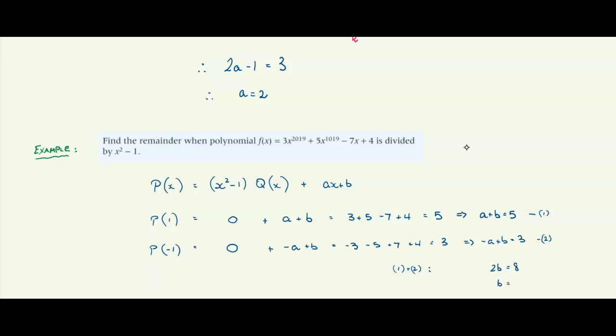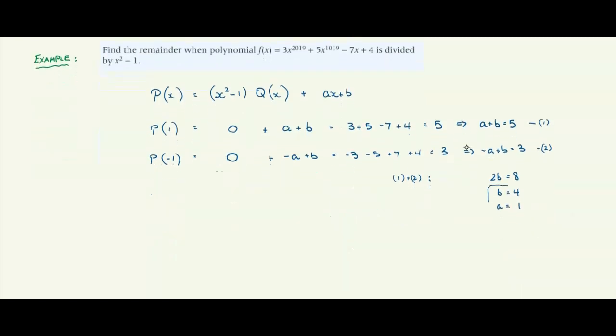So b is equal to 4, and a must be equal to 1. So with that information, my remainder, and that's really what I'm after, is ax plus b, so it's just x plus 4.